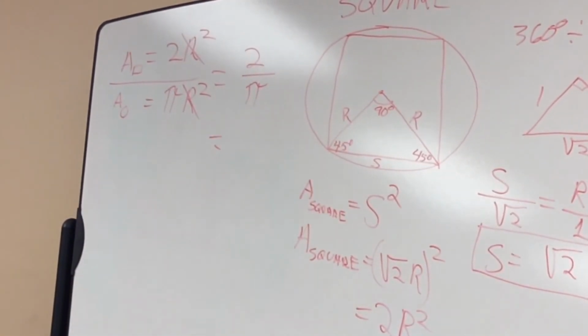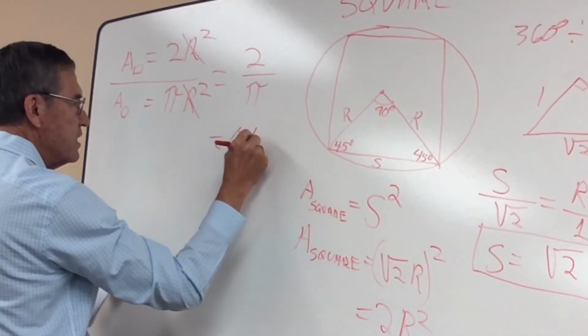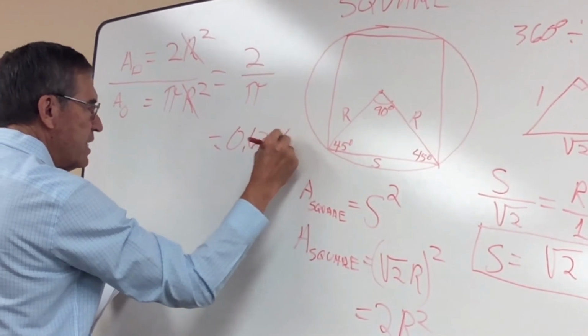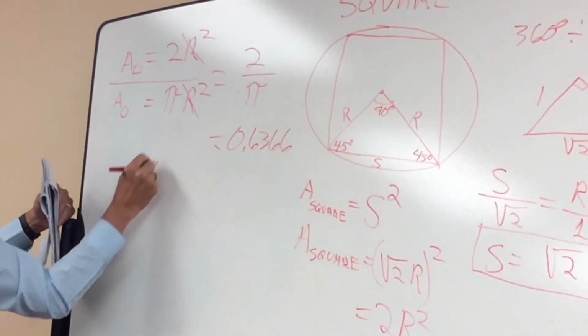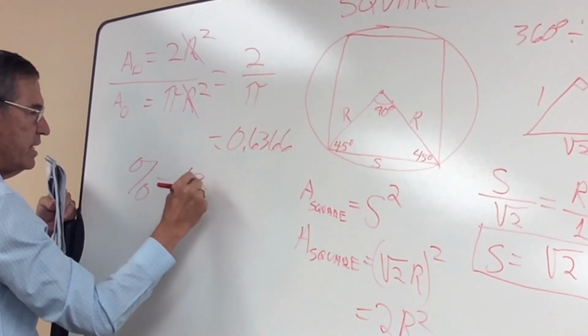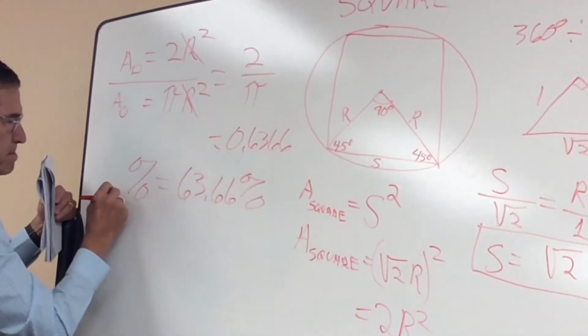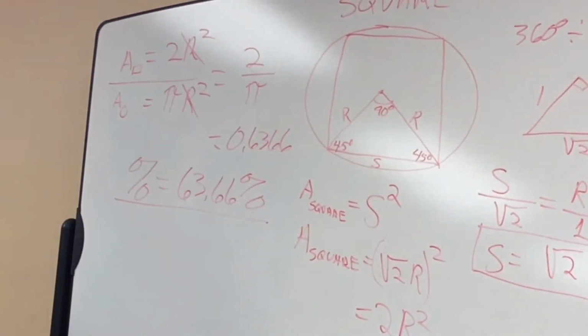And 2 divided by pi gives us a ratio of 0.6366. So on a percentage basis, that's going to be 63.66%. A little less than 2/3.